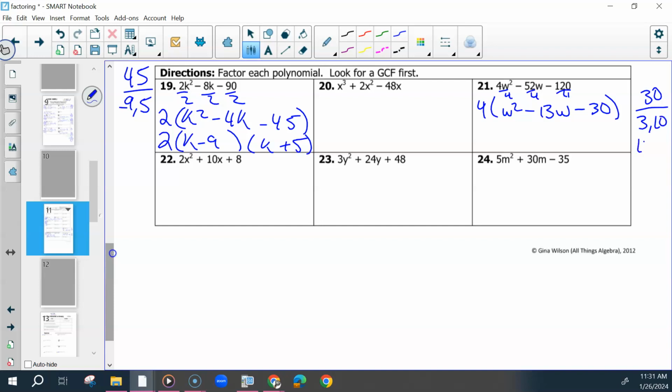I'm going to write down both of these because in problems like this, the 30 is negative, so only one of the numbers can be negative. If you're making 3 and 10, but only one of them can be negative, that wouldn't give us a negative 13. But 15 and 2, that would.